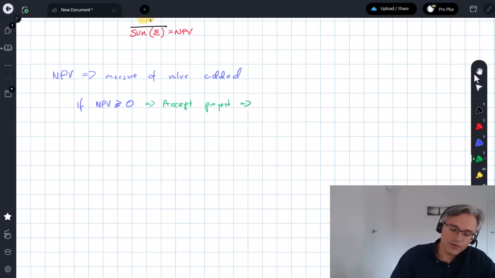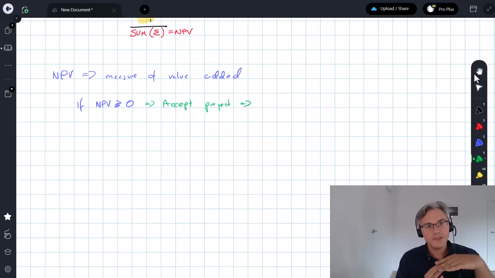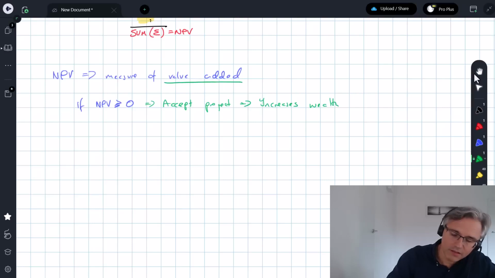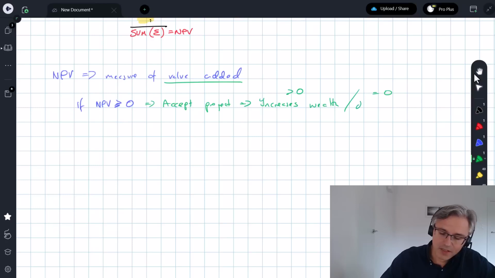Why? Because if NPV is positive, it increases company value, it increases shareholder wealth, because it's generating value added. Or if it's equal to 0, it does not destroy wealth.